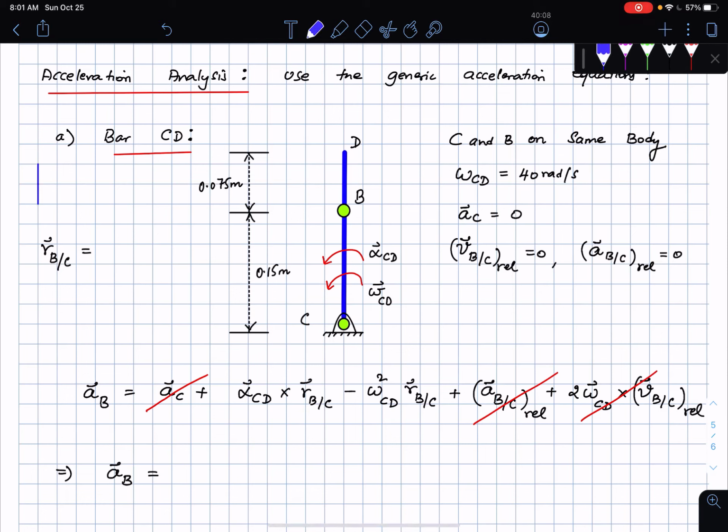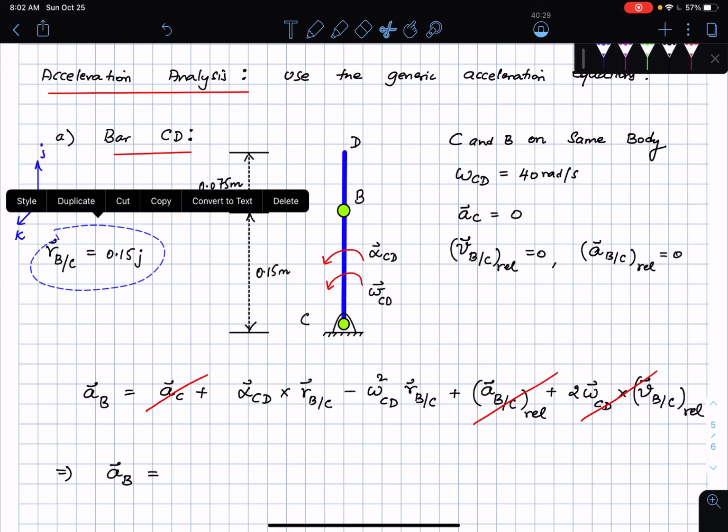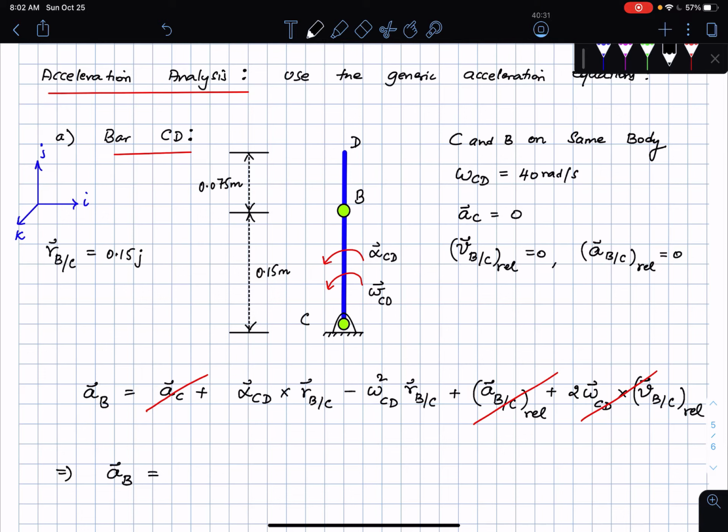Here is my I, J, and K coordinate frame. This is I, this is J, and this is K. So r B/C is going to be 0.15 in the J direction, sitting at the point C and looking at the point B. This is the typical situation, and if you want, you can draw this out separately.